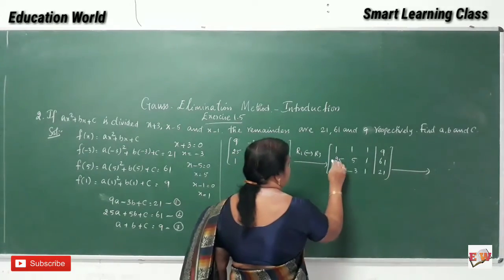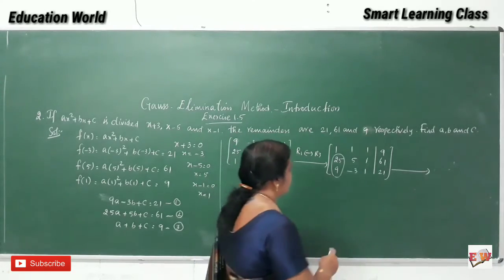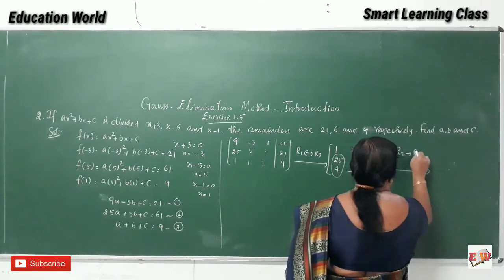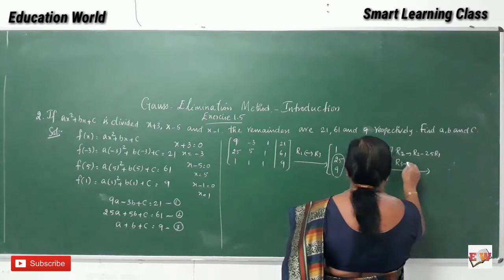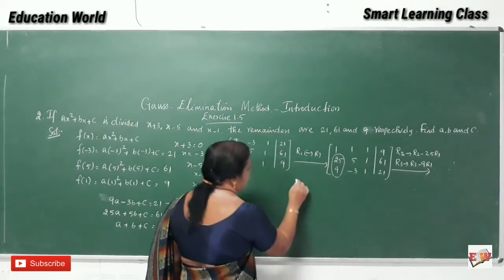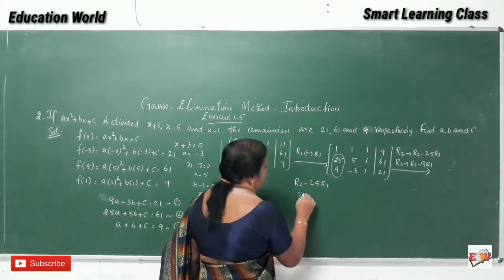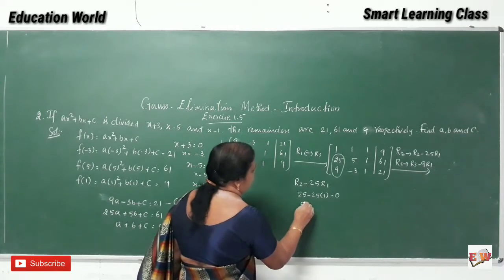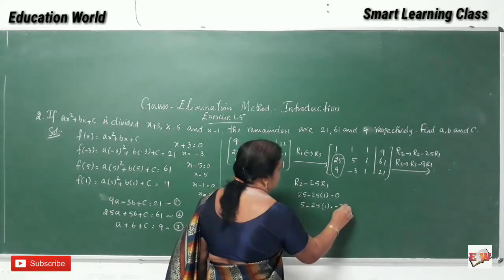Next step, we should bring these two entries to 0. So for that, R2 minus 25 R1 and R3 minus 9 R1. Just to find R2 minus 25 R1: 25 minus 25 into 1 is 0. Here R2, 5 minus 25 into 1 is minus 20.